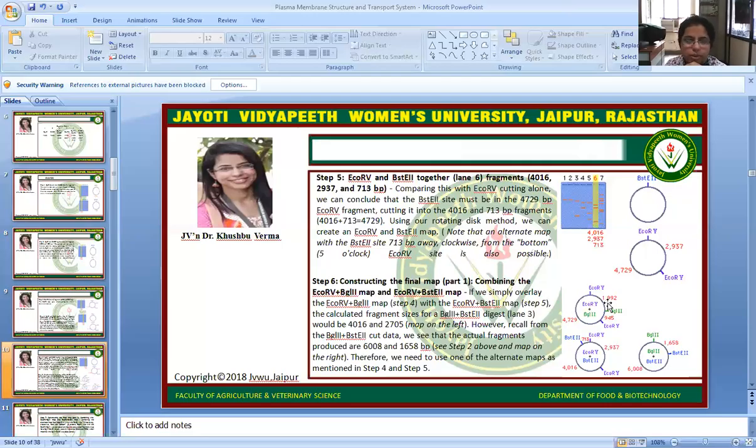However, recall from the BglII and BstEII cut data that the actual fragments produced are 6,008 and 1,658 base pairs. Therefore, we need to use one of the alternate maps mentioned in steps 4 and 5.